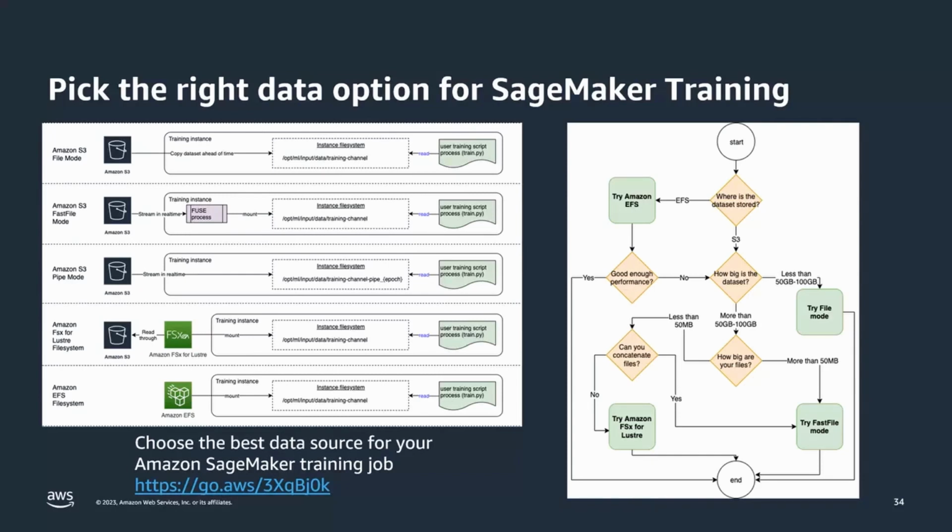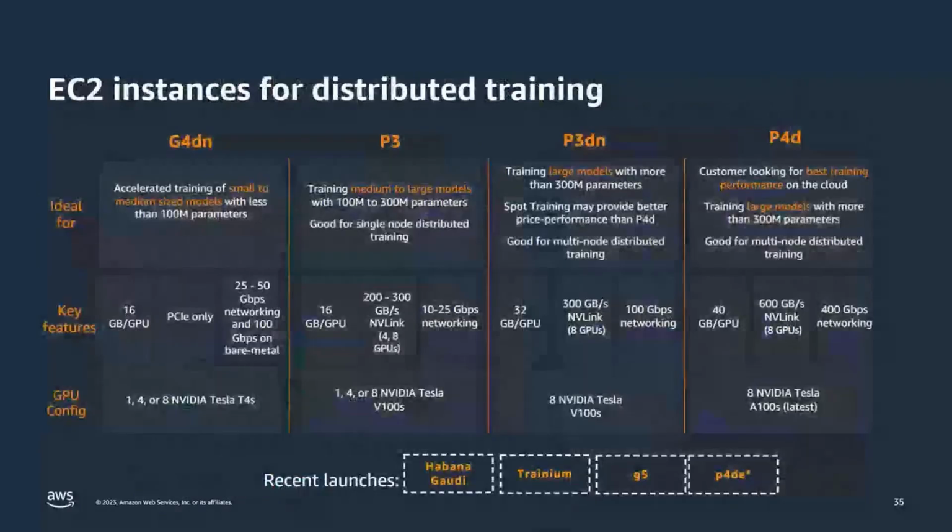Okay, so what you need to get started is, first of all, the data, and then the computing resource we need for the training. We have many different types of EC2 instances for distributed training.